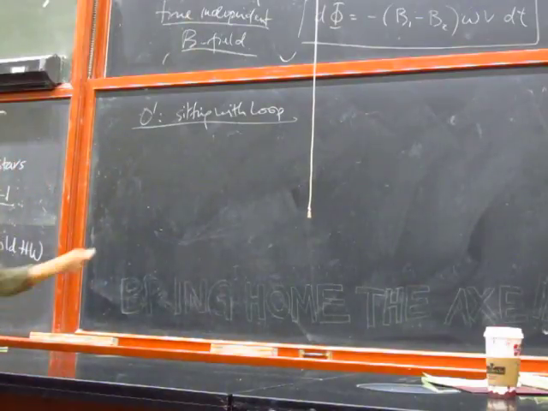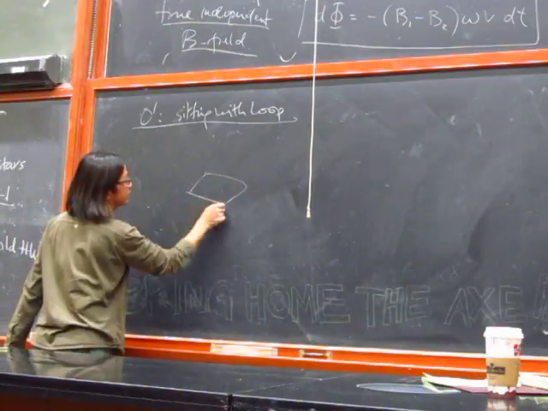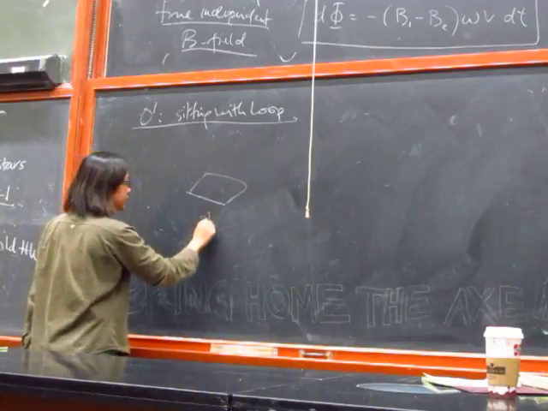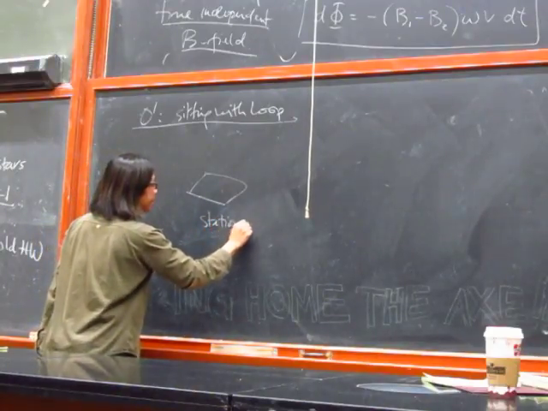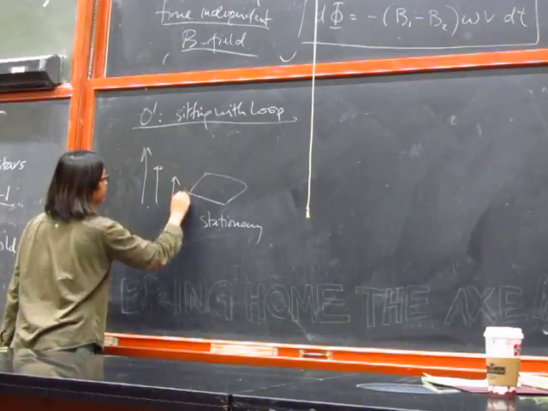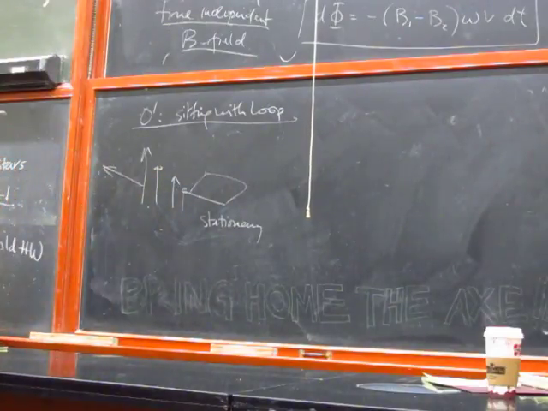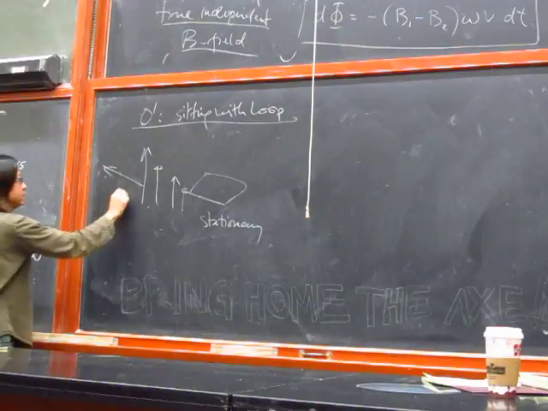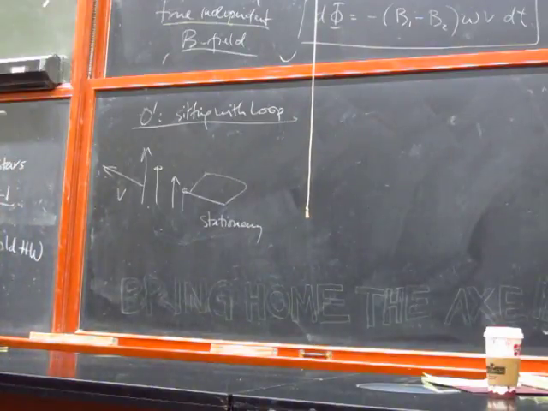Then what does it see? The loop is stationary now, but this B field, this spatially varying B field, is receding in the opposite direction with velocity v.